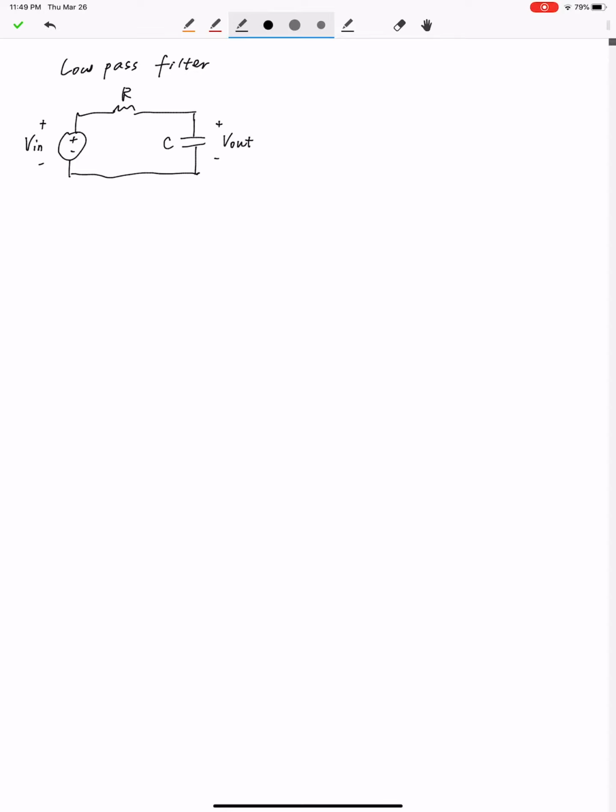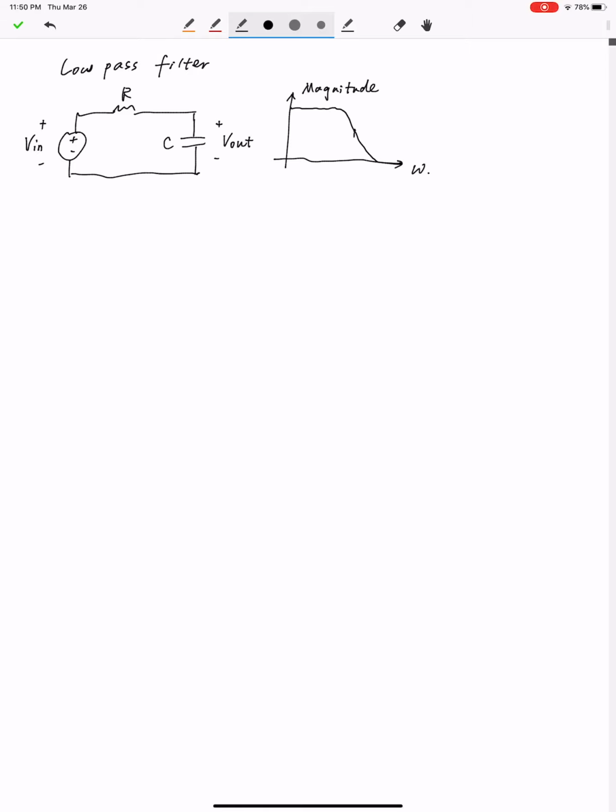So this is an RC circuit, and we said the reason why we can call this circuit a low pass filter is because the plot of the magnitude of the transfer function with respect to omega, which is the frequency, follows this shape.